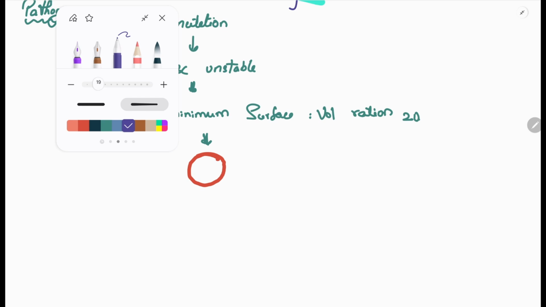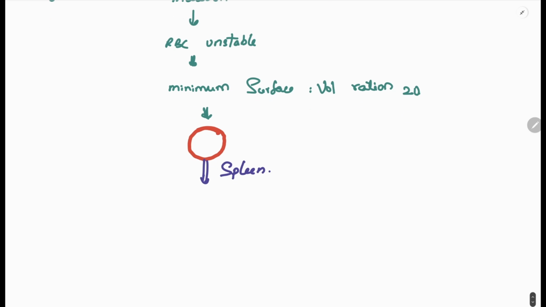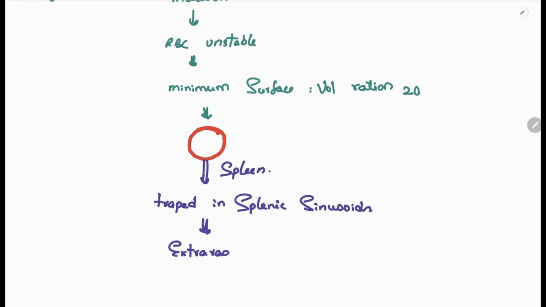Now the story changes here. This spherical RBC will enter the spleen. In the spleen, as it is in an abnormal shape, it will get trapped in the splenic sinuses or sinusoids, because of which we can see extravascular hemolysis.